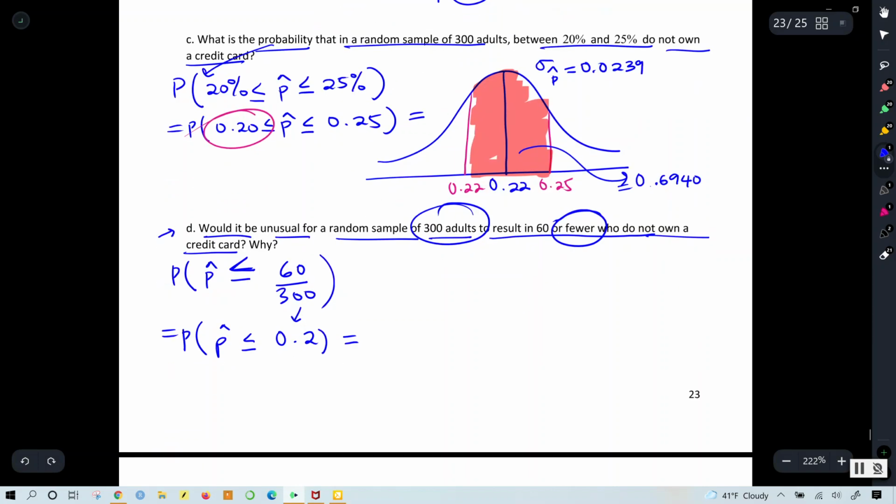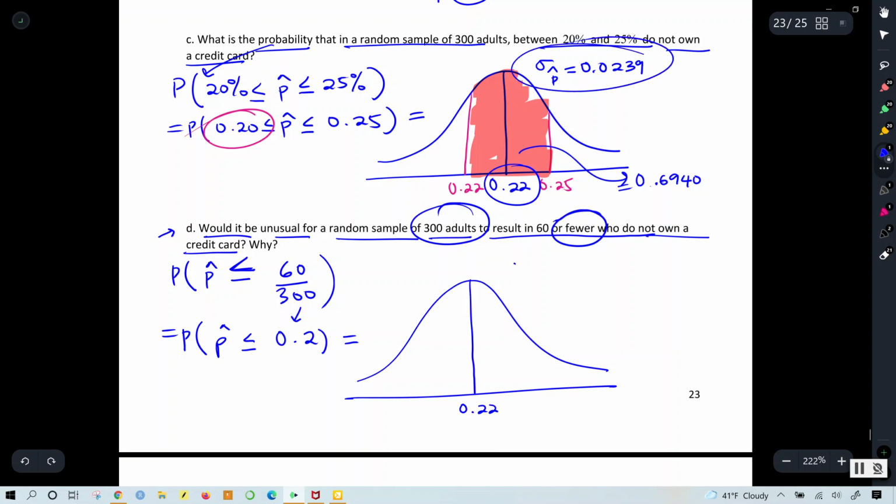So in the context of this distribution, we have the mean still at 0.22. The standard error is still this, but we are now looking at the number in relation to the number 0.20. We'd like to look at the region below it.